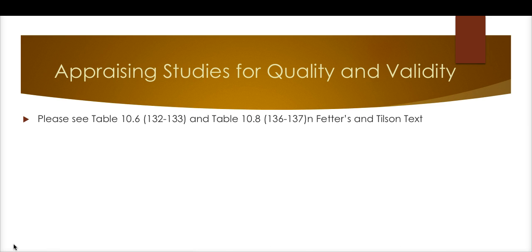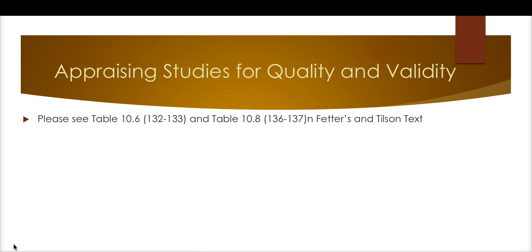Now, the last portion that I didn't actually include in this, because there are a set of questions that I would prefer you read within your text, is actually appraising the studies for quality and validity. However, I did provide the two tables for you that have the questions that you're going to look at for reliability and validity, so that you have this as a source when you get ready to appraise the articles that I provided for you.